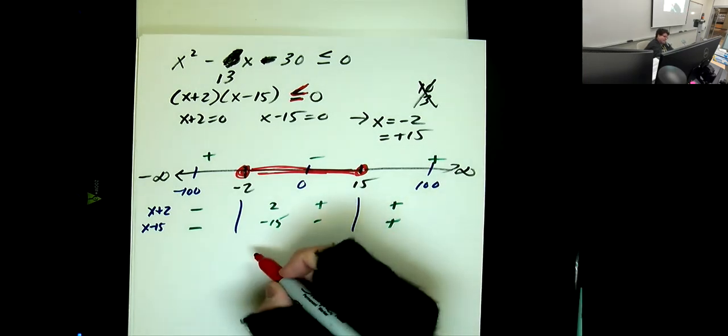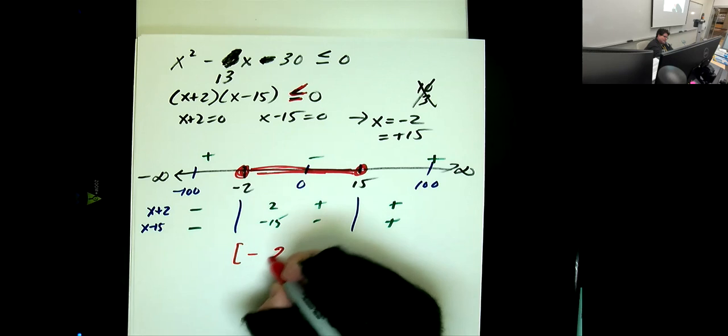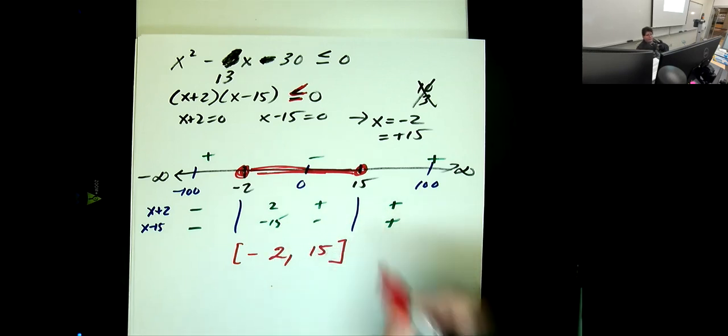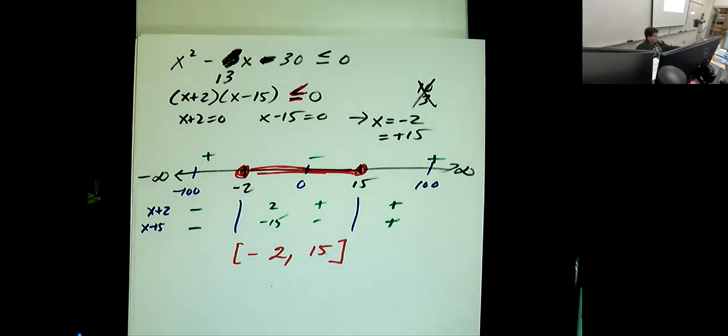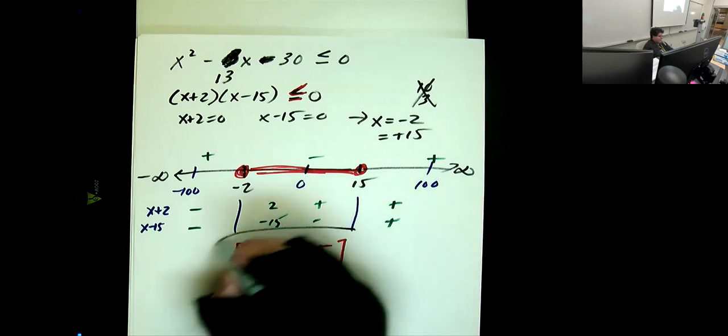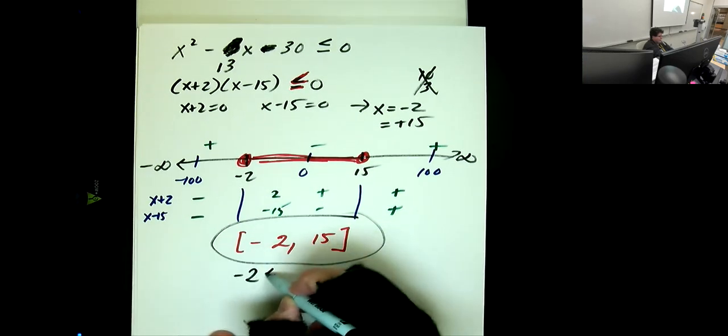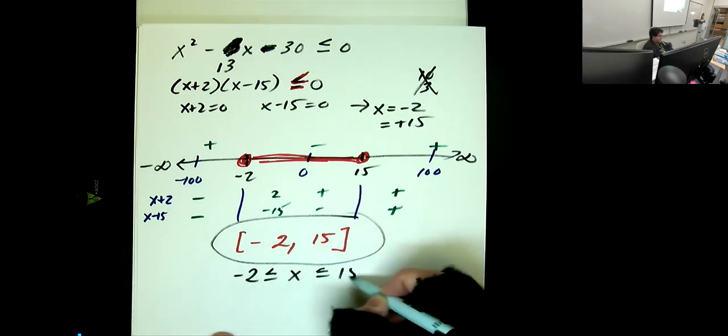If we write it in interval notation, we've got -2 to 15. This is the best way to put it. You could also put -2 is less than or equal to x is less than or equal to 15.